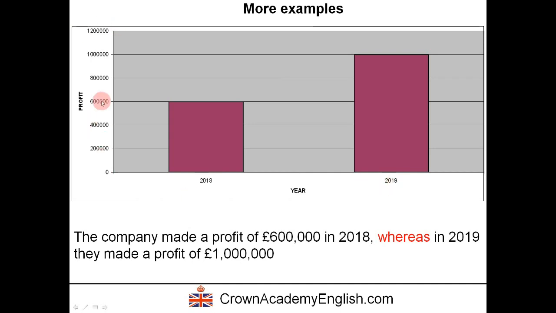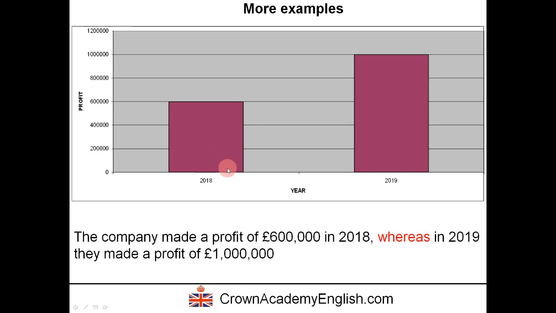And the y-axis, this is the amount of profit in pounds sterling. Okay, so we can see here in 2018 the profit of the company was £600,000, and in 2019 the profit was £1 million.